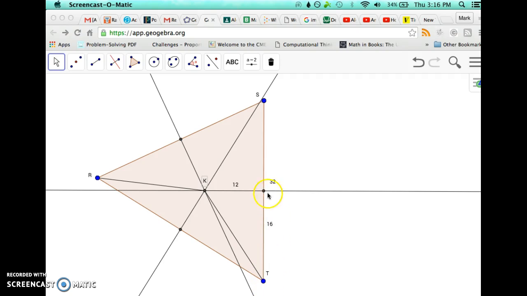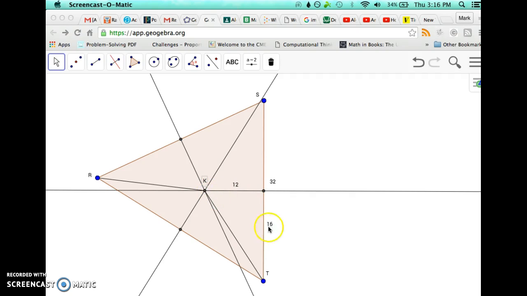So this is 16, this is 12. Besides being a bisector, what kind of bisector is it? A perpendicular bisector. So what kind of angle is this? A right angle. Perpendicular bisector, cut 32 in half, makes 16, and makes a right angle. And since this is 12, and this is 16, and this is a right angle, I've got myself a right triangle.